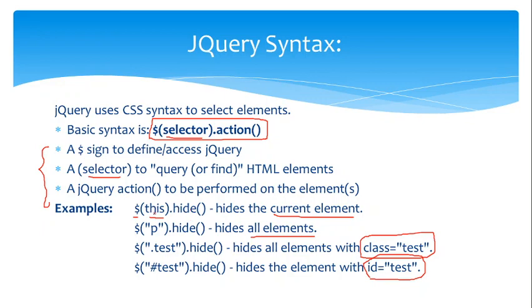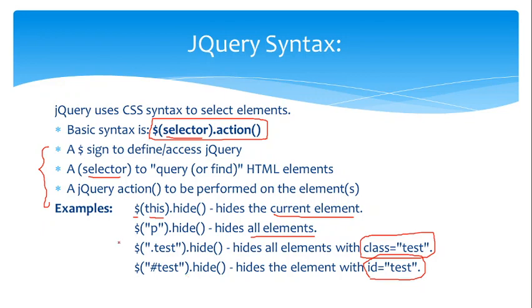Like if you write this dot hide, then it will be the current element. Wherever you write p dot hide, wherever the paragraph tag is there, all those elements will be hidden. And if you are using dot test, wherever you are using this test class, that will be hidden. Hash test is the id, wherever the id is test, that will be hidden.